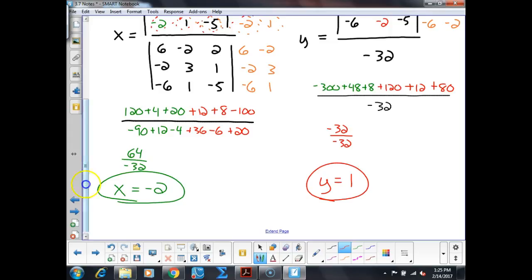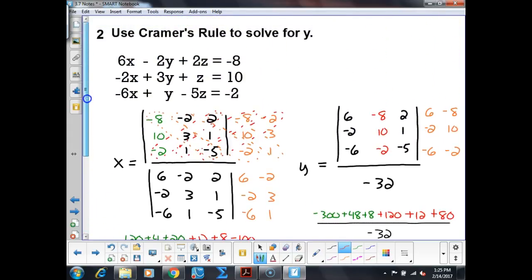So if x equals negative 2 and y equals 1, I would pick those two and I would plug them into there. So we get negative 2 times negative 2 plus 3 times 1 plus z equals 10. That's going to be 4 plus 3, that's 7.